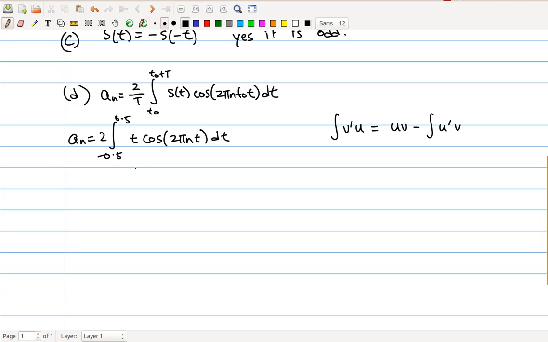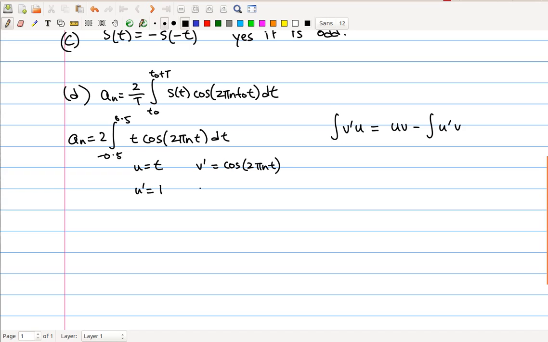I'm going to let my u equal to t, and so my v dashed would be equal to cos 2 pi nt. So we have to find the u dashed value. So differentiating t just gives me 1. Okay, ddt of t equal to 1.